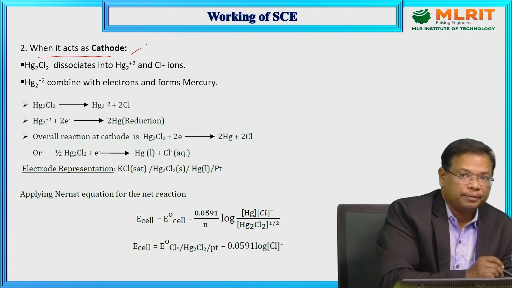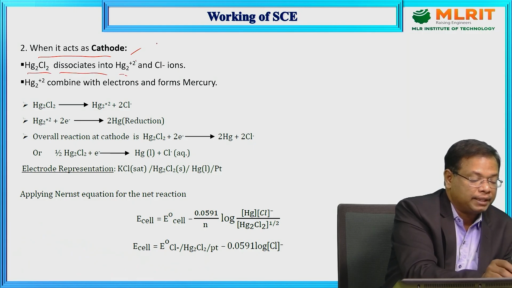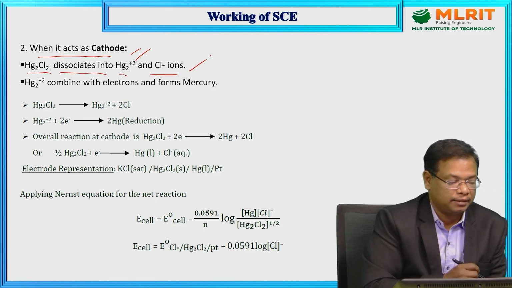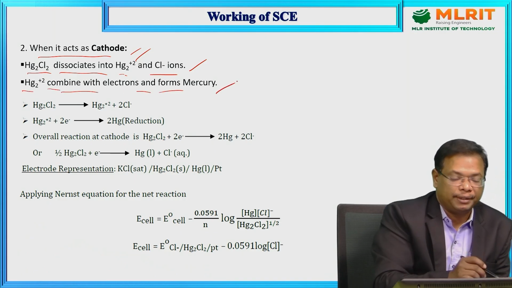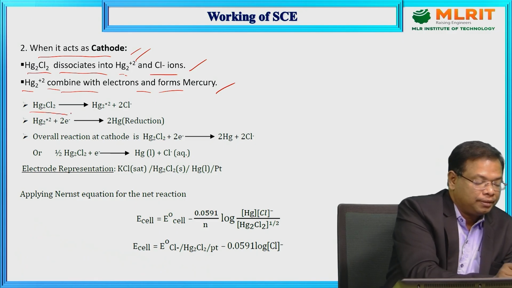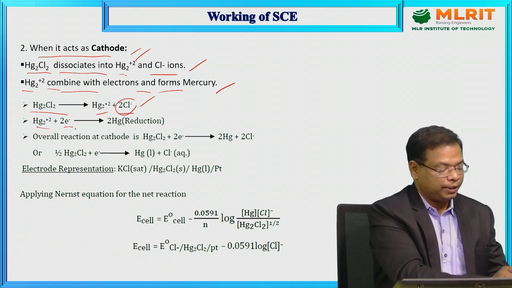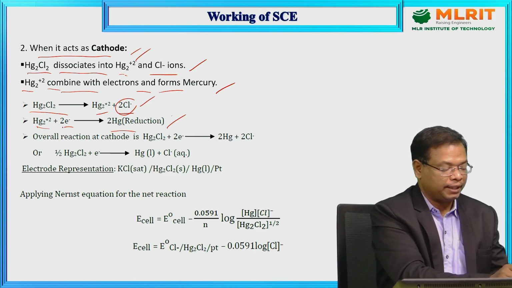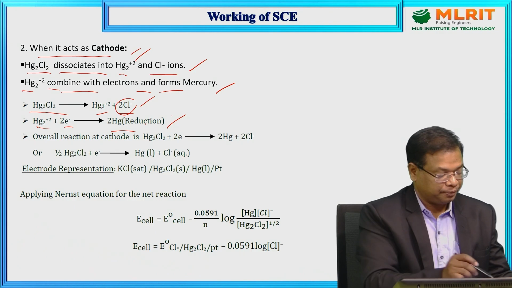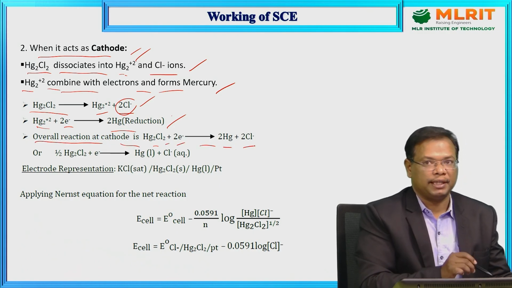When it acts as a cathode, mercurous chloride dissociates into Hg2 2+ ions and Cl- ions. Hg2 2+ ions combine with electrons and form mercury. Hg2Cl2 gives Hg2 2+ plus 2 Cl- ions. Hg2 2+ plus 2 electrons gives 2Hg, which is reduction: by gaining 2 electrons, the metal becomes 2Hg. The overall reaction at the cathode is Hg2Cl2 plus 2 electrons gives 2Hg plus 2 Cl- ions.